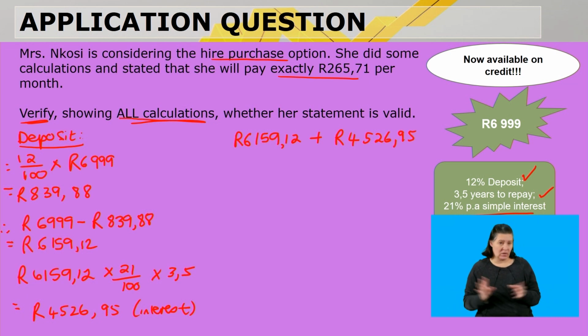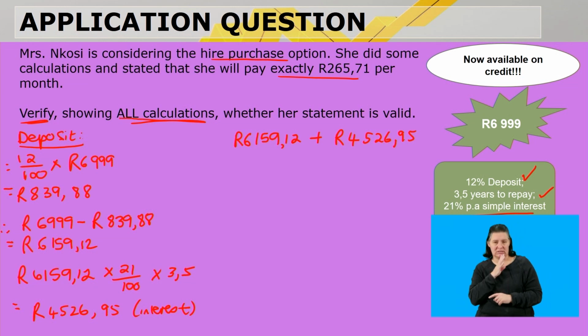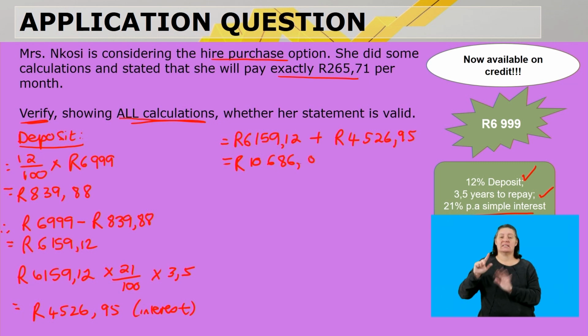Okay, so let's add the two amounts together. 6,159 Rand and 12 cents plus 4,526 Rand and 95 cents. That will give us a total amount to be repaid of 10,686 Rand and 7 cents.